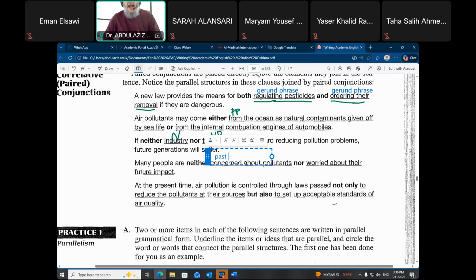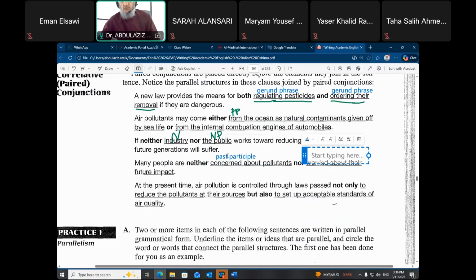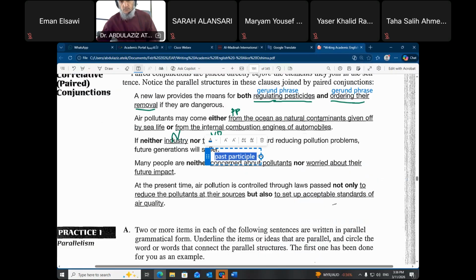This is called past participle. This is a past participle phrase, and this also a past participle phrase. So he used neither concerned nor worried.